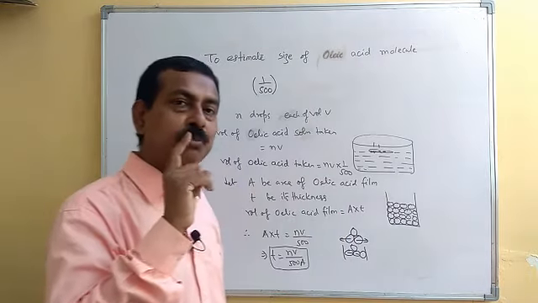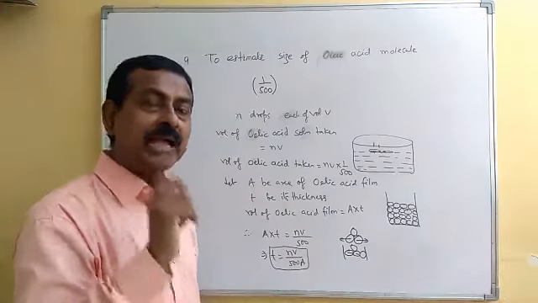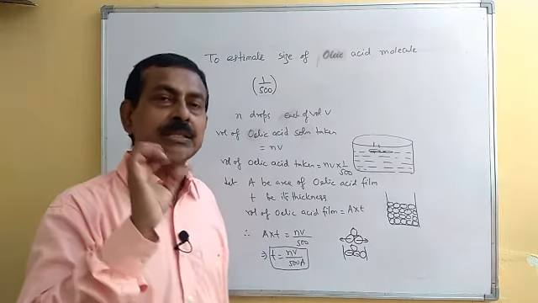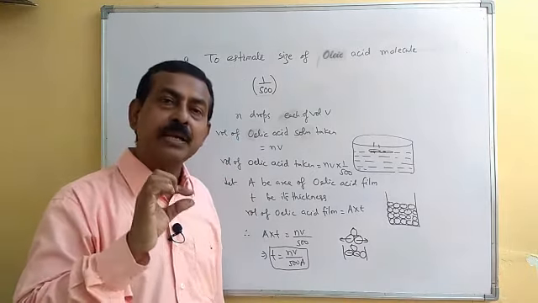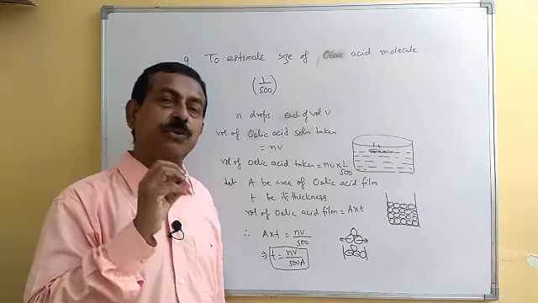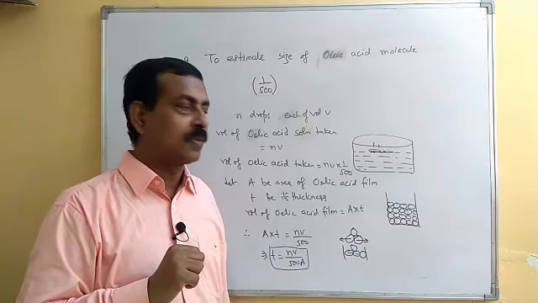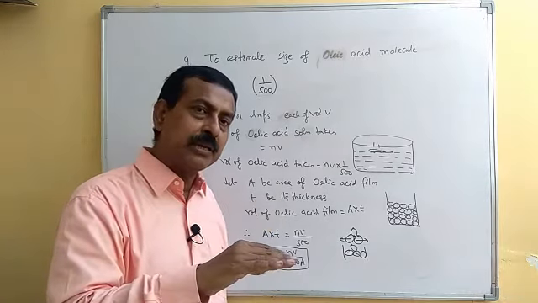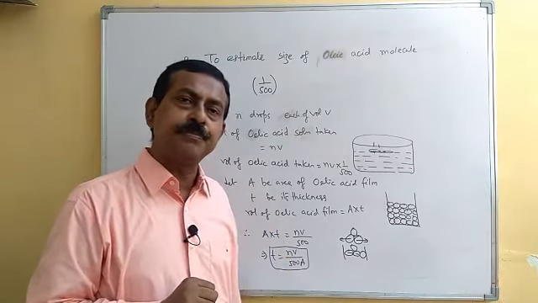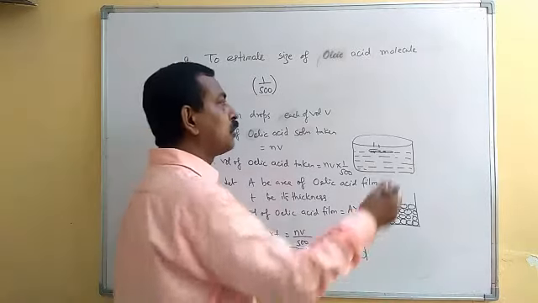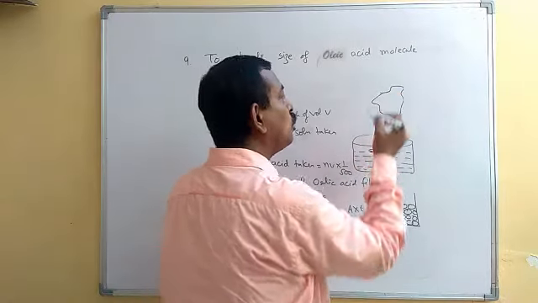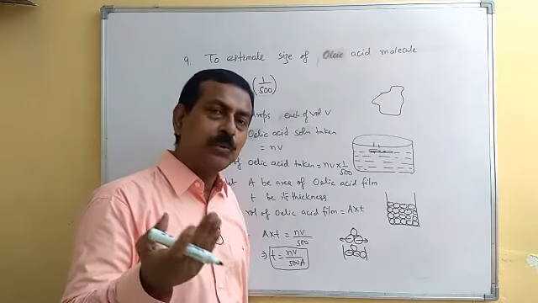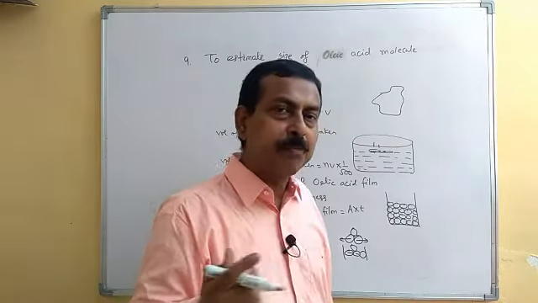So we measure the thickness of that oleic acid film. As it is forming a single layer, obviously that thickness will be numerically equal to the molecular size of oleic acid. Another thing is that the film will be of irregular shape. If it is of irregular shape, how will you measure its area? For that, we take help of tracing paper and graph paper.